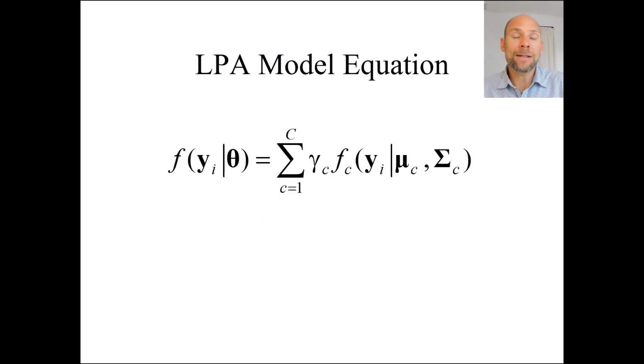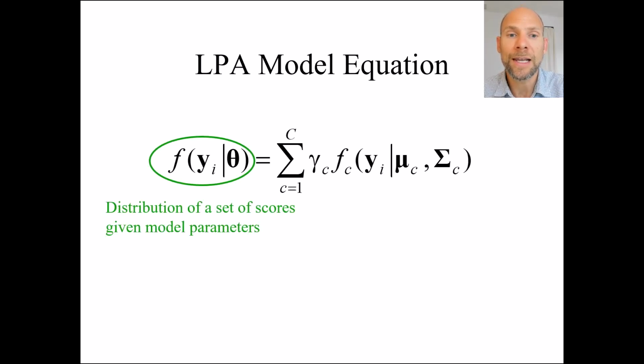Now, let's also take a look at the formal LPA model equation so that you can learn a little bit about the math behind latent profile analysis. Here you can see in this somewhat cryptic-looking equation, on the left-hand side, a symbol F that symbolizes the distribution of a set of scores. So y_i indicates a whole set of scores given model parameters, and theta indicates a set of model parameters.